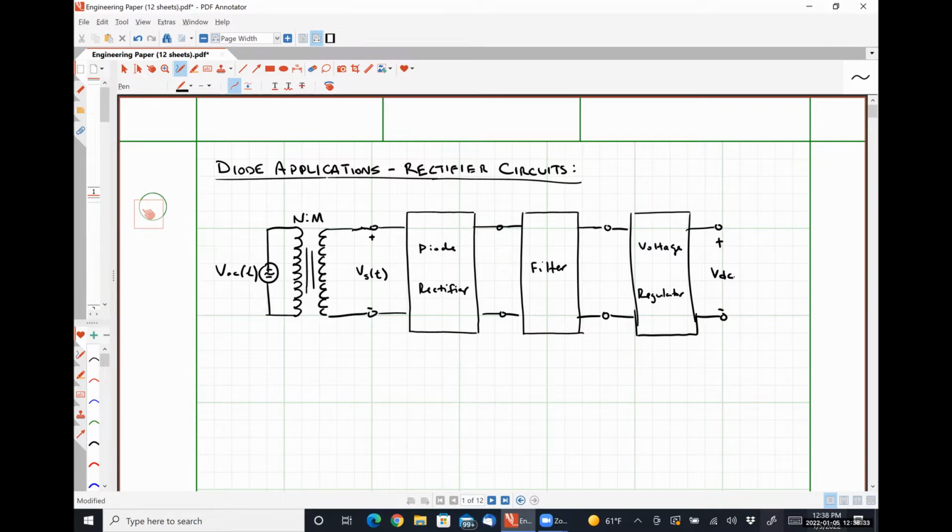So with regards to what our stages look like during this conversion process from an AC signal to a DC signal, let me make this slightly smaller.